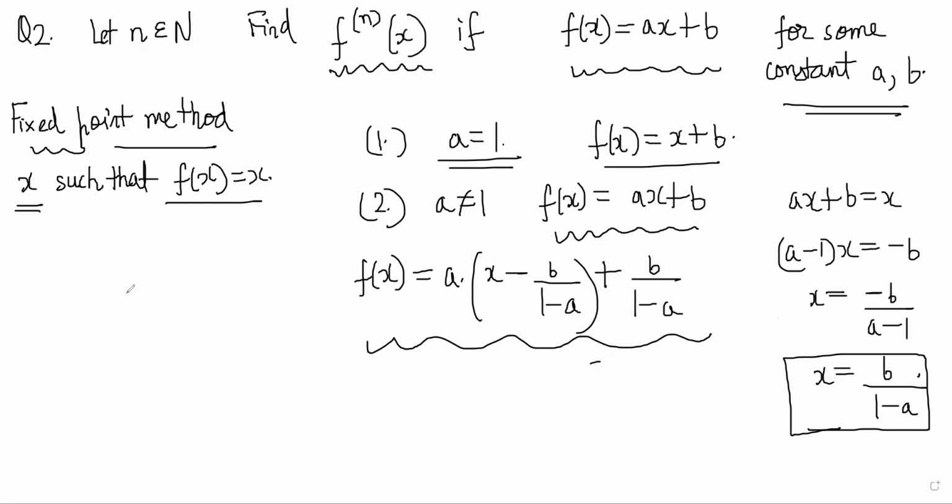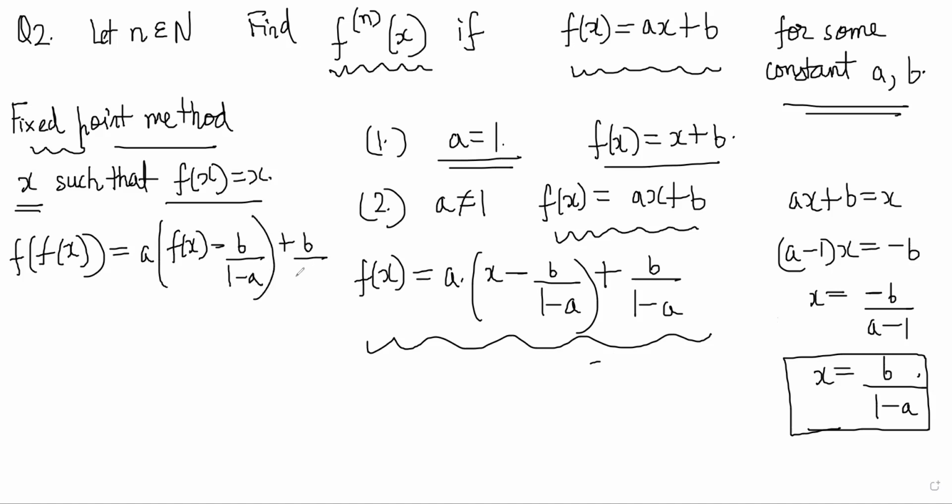So now what we will say is, if I want to find f(f(x)), that should be equal to a times (f(x) minus b by (1 minus a)) plus b by (1 minus a). And then again, f(x) was itself a times (x minus b by (1 minus a)) plus b by (1 minus a).